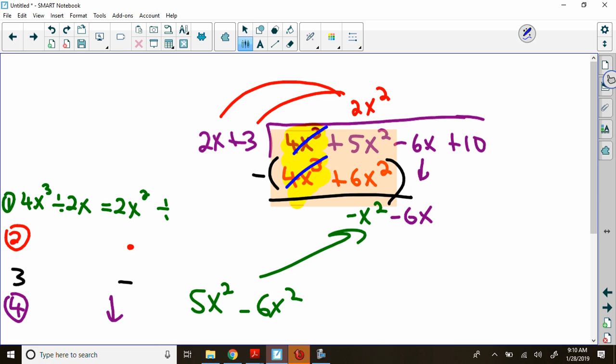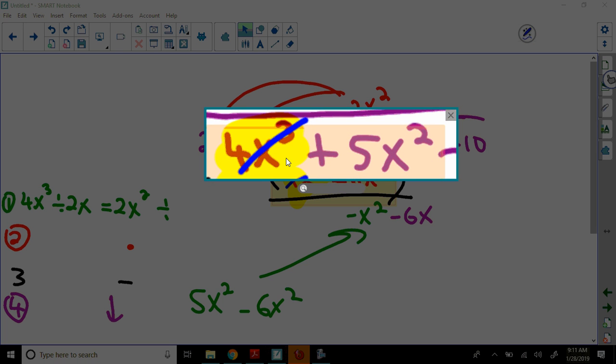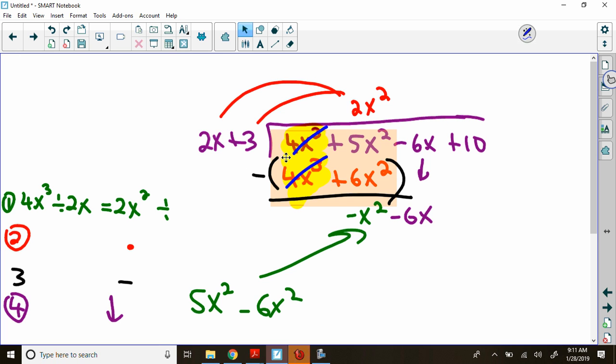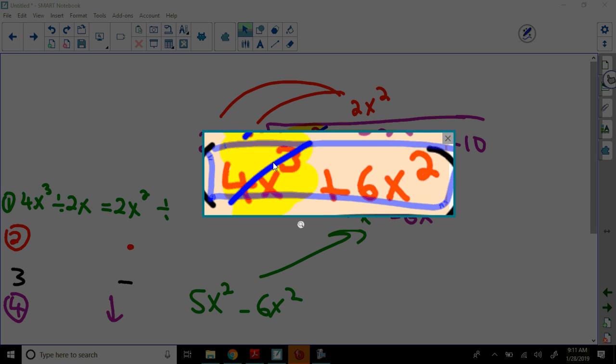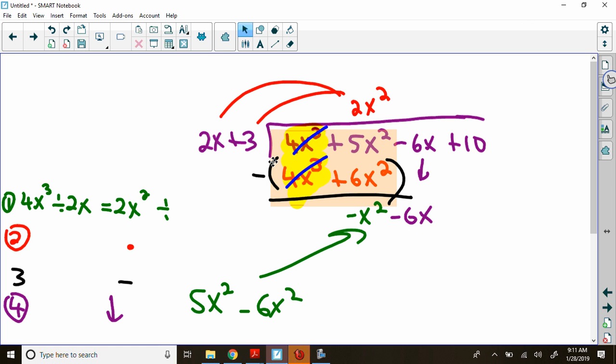I'm taking this 4x squared plus 5x squared right there, and I'm subtracting from it this quantity right here. Does that answer your question? Good, very good question. Okay. Any other questions before we look at multiplying and dividing?